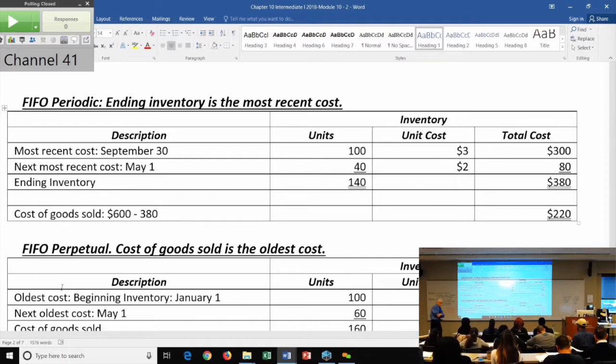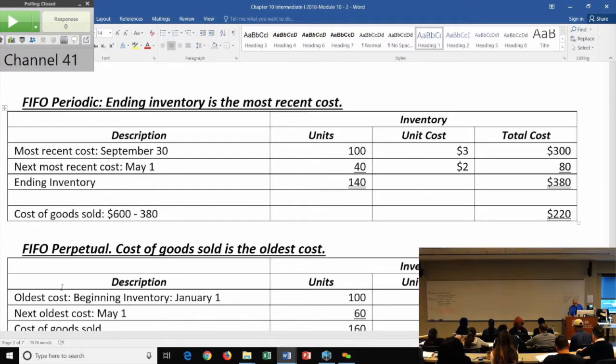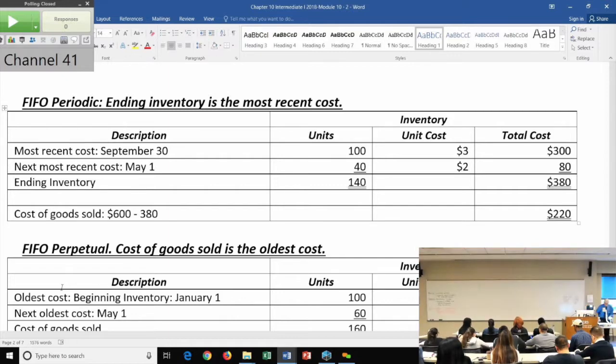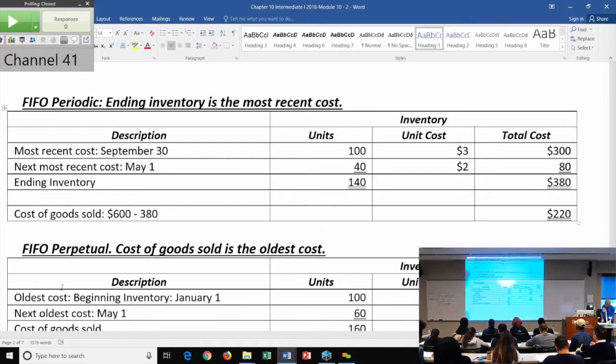Under a periodic inventory system, FIFO would try to calculate the ending inventory. Ending inventory is going to be the most recent cost, and the cost of goods sold would be the oldest cost. If I'm calculating ending inventory for FIFO periodic, ending inventory is the most recent cost.